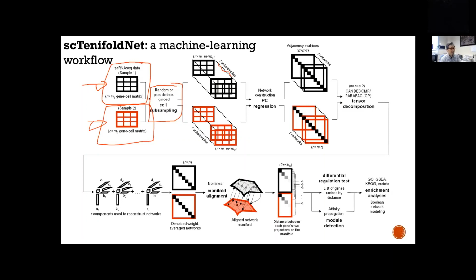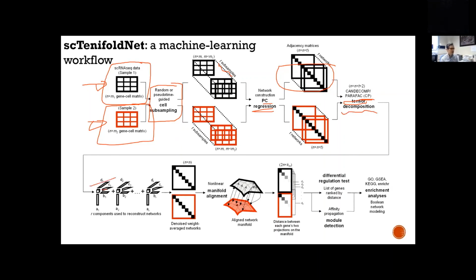Then for each subsample, you create a regulatory network. The technology is called PC regression, principal components regression. This is a machine learning algorithm. Then treat this whole data structure as a tensor. A tensor is a high dimension matrix. Then use a technology called decomposition to learn the major components from this tensor structure.